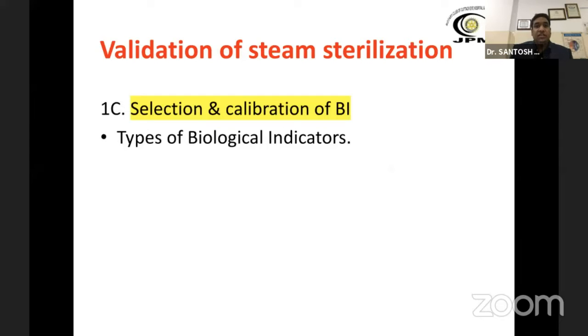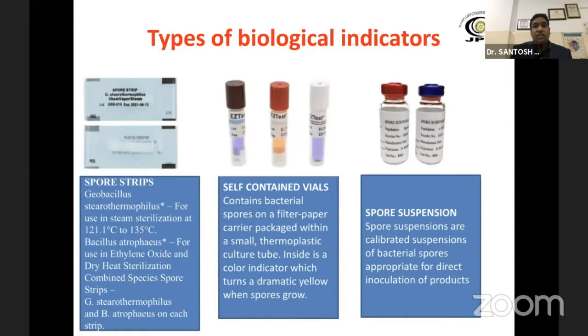So there are different indicators as discussed previously, and the biological indicators usually are not very commonly used clinically, but they can be spore strips or self-contained vials or spore suspensions, which can be used for different processes of sterilization.